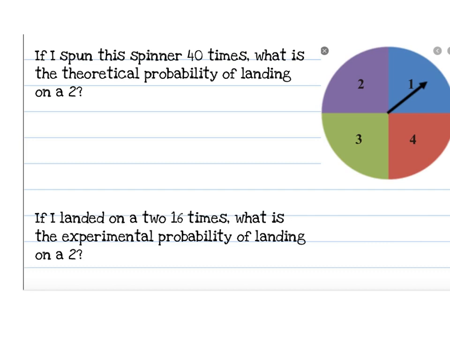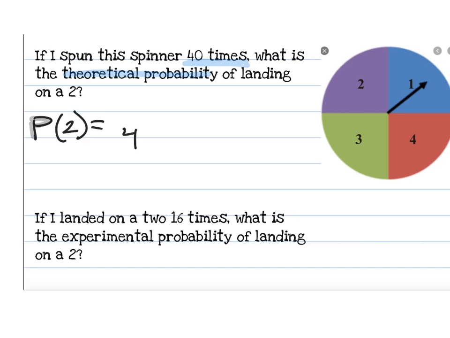Okay, so if a spinner, this spinner on the right, is spun 40 times, so that's like if you do an experiment, that's how many times you're spinning it. But then it asks, what's the theoretical probability of landing on a 2? So again, the experiment, how many times doesn't necessarily matter right now. On the spinner, we need to think, well, I see that we're looking for the probability of getting a 2.